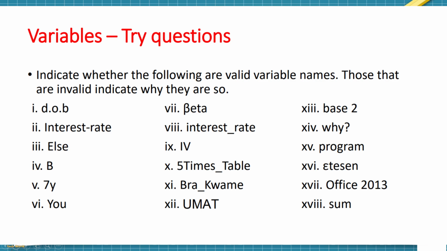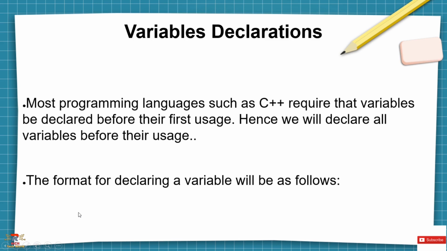So let's move on to variable declarations, okay. Before you can use any variable in your program, your code, your algorithm or whatever, you have to declare it, meaning you have to introduce it to the environment. This means you have to let the environment know what the variable is about. We are going to talk about some key things you need to know about the declaration. So we've said that before you can use the variable in your program, you need to declare it first.